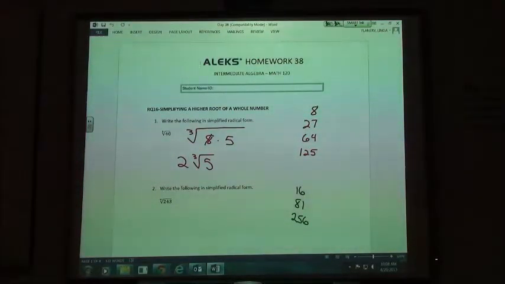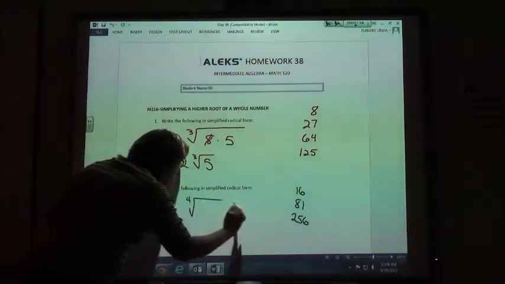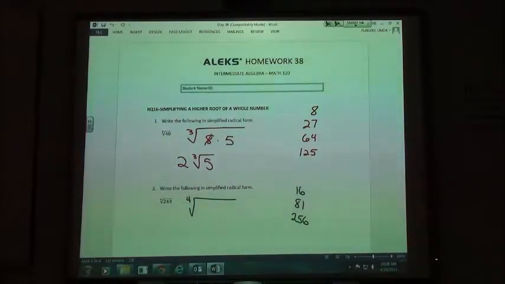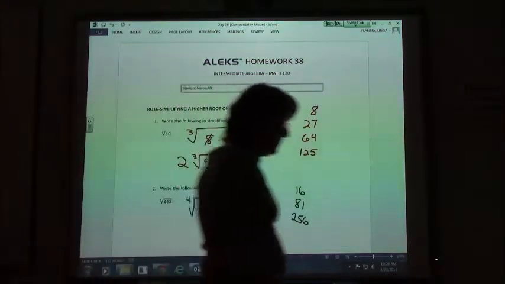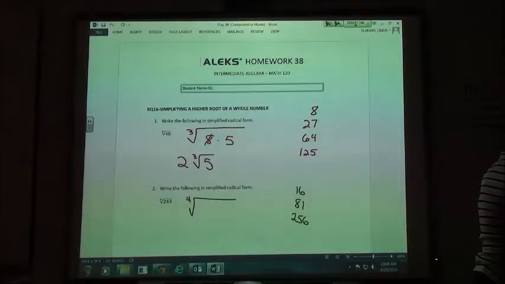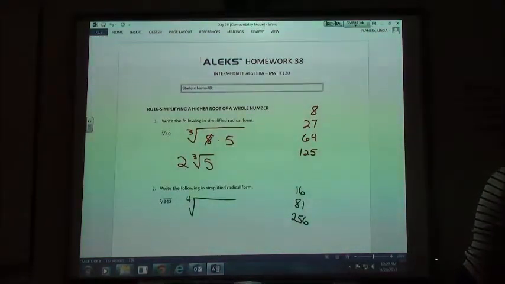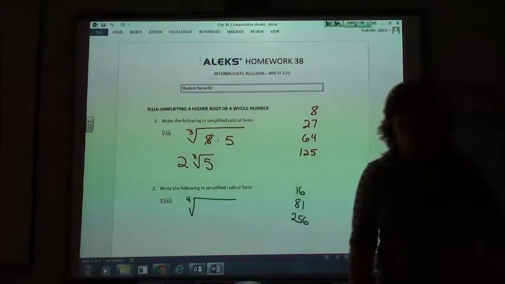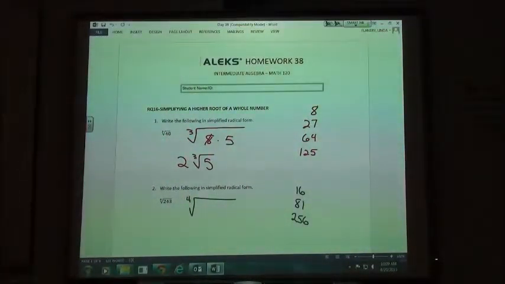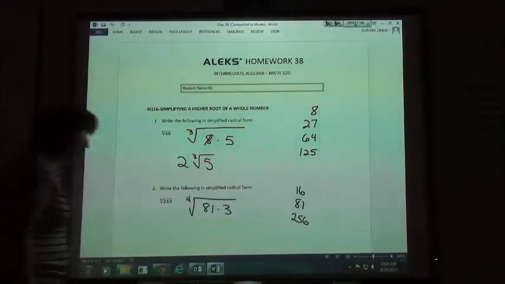So what times what would give me 243, one of which is a perfect fourth power? 81. 81 times 3 is 243, right?